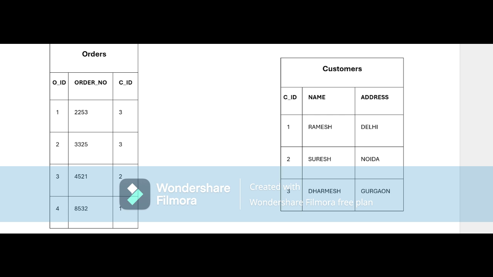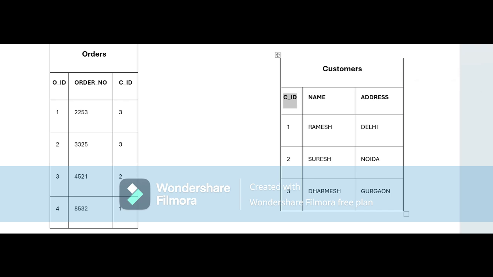Let's see the example here. Orders is one table, customers is another table. The orders table has OID, order number, and customer ID. So it represents which customer each order belongs to. That relation we are maintaining between the orders table and the customers table using the CID. So CID is a foreign key in the orders table and a primary key in the customers table.